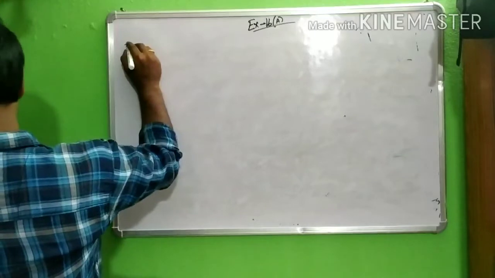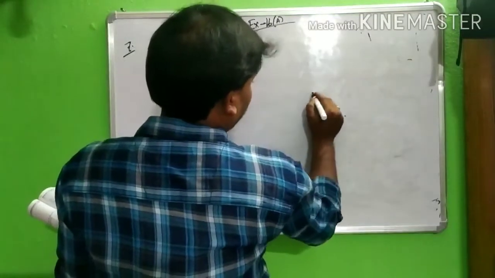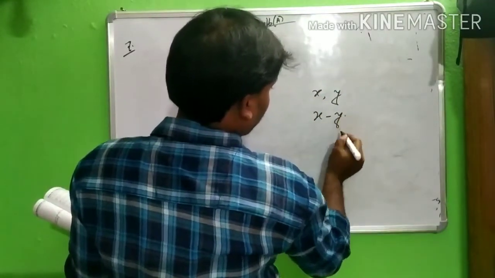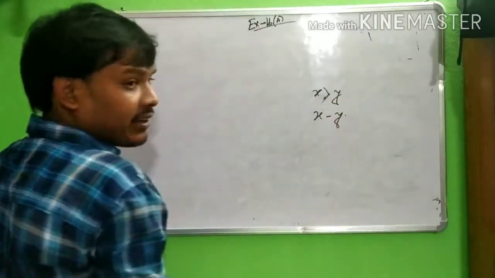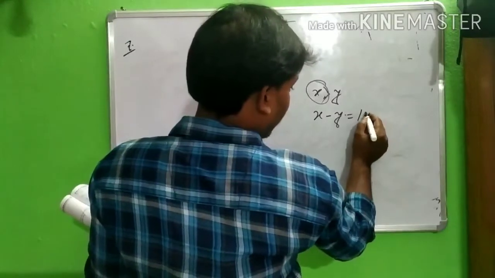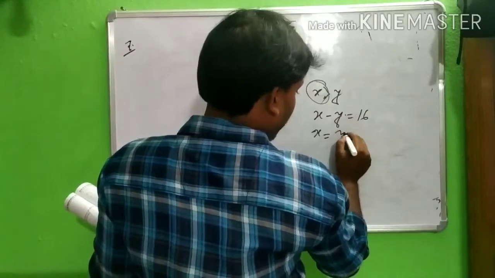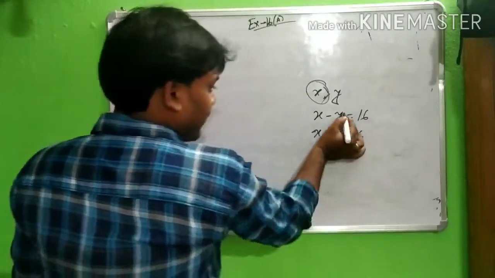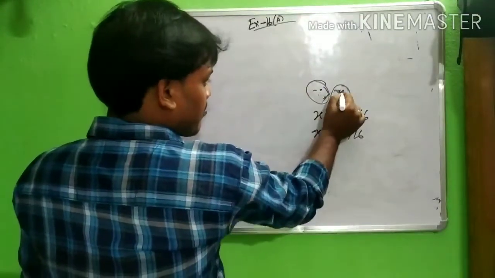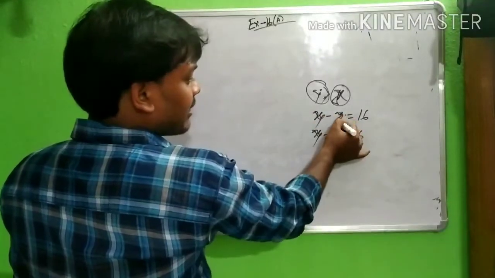which number? 7 number. If the two sides are x and y, then the difference is x minus y. We let the value of x be greater, the bigger side is x, then the smaller is y plus 16. If the smaller side is x, then the bigger side is x plus 16.